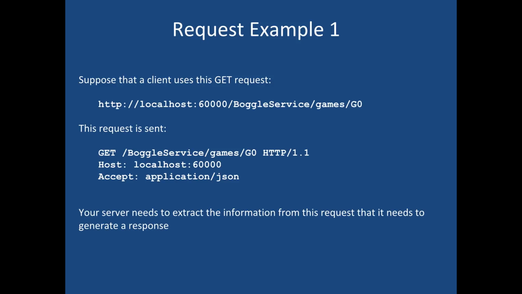It'll probably say Host: localhost:60000, and Accept: application/json. So there's that first line, and then the next lines, in the case of a GET, are just headers. Headers are just header names followed by a colon followed by the value of the header. And the request is always terminated by a blank line.